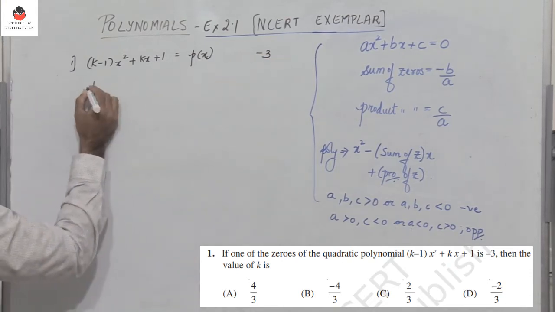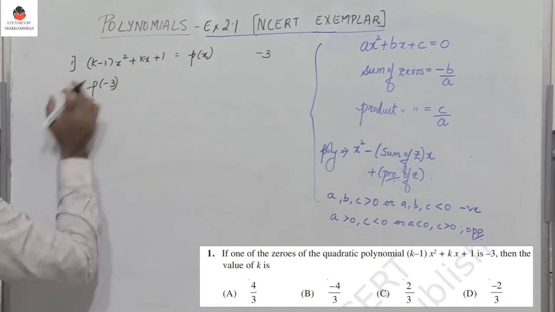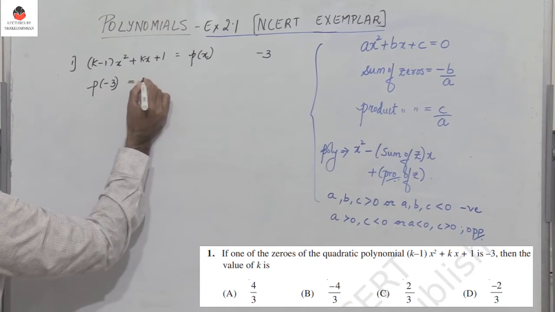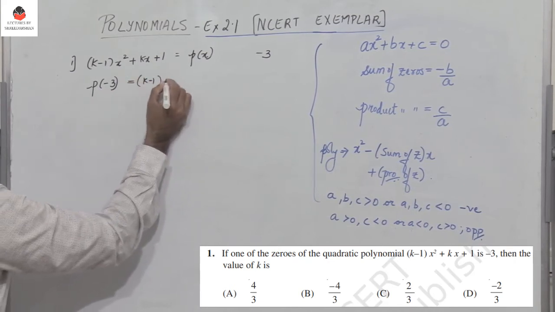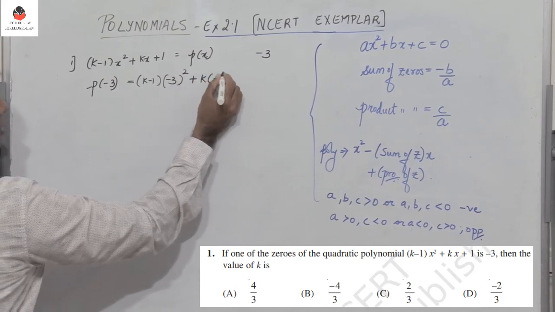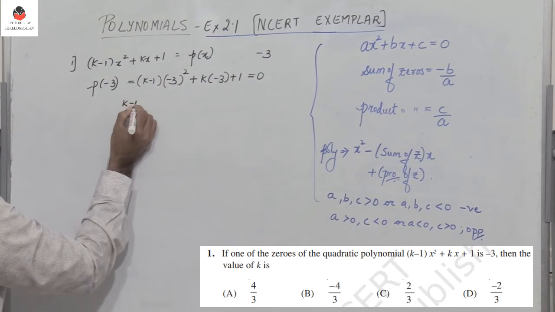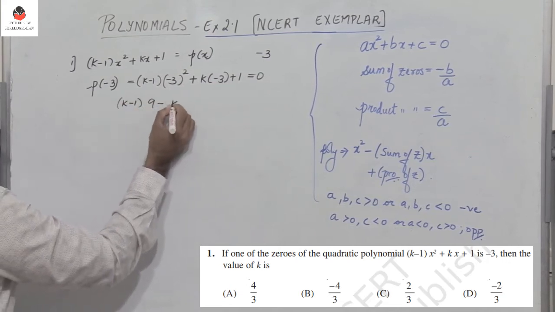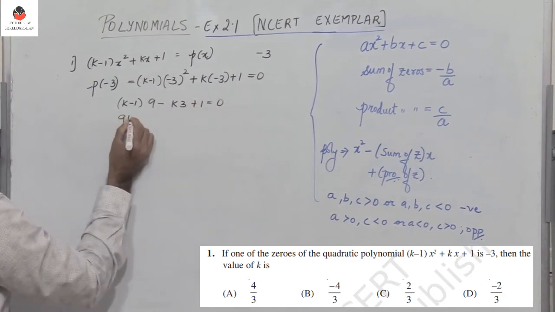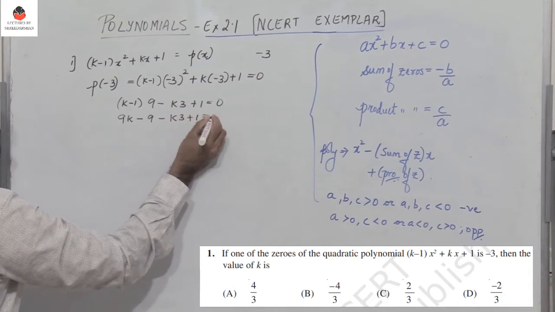So let me substitute p of minus 3 and equate this polynomial to 0. So p of minus 3 is equal to (k minus 1) into (minus 3) whole square plus k into minus 3 plus 1 equal to 0. So we get (k minus 1) into 9 minus 3k plus 1 equals 0. So 9k minus 9 minus 3k plus 1 equals 0.